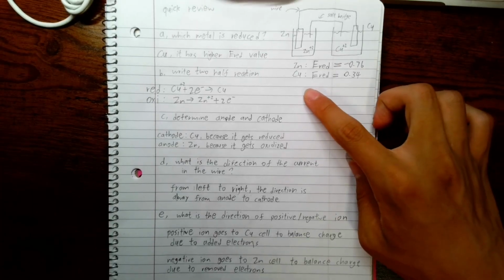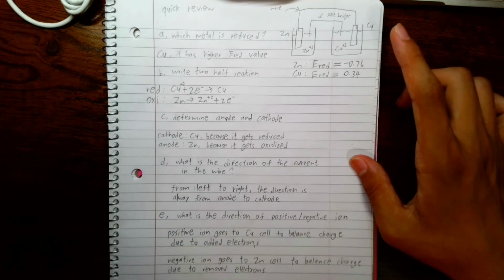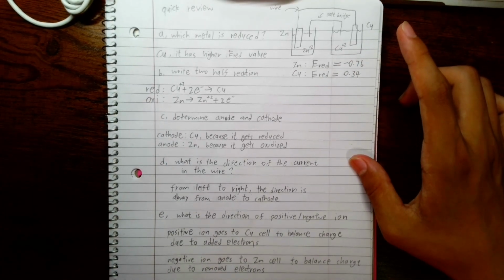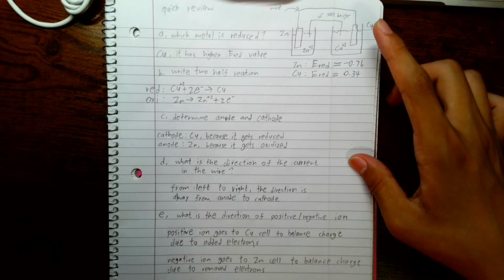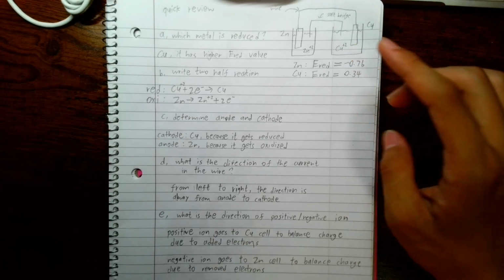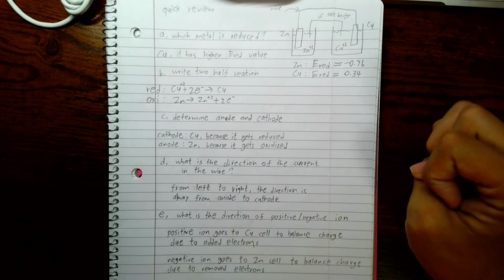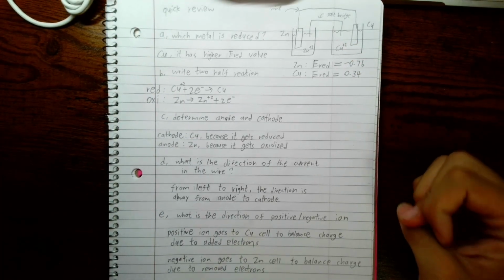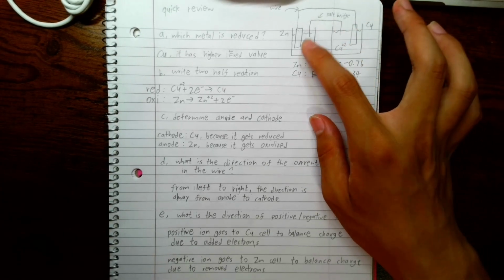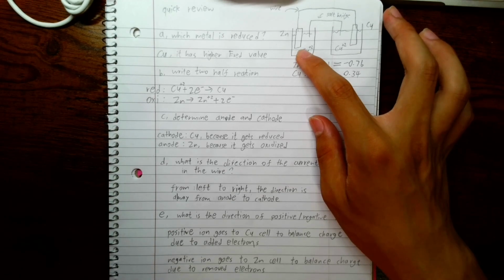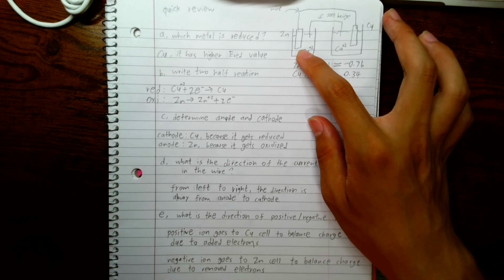It goes to the copper cell, which is the cathode. The positive ion will go to the cathode to balance the charge due to the added electrons, while the negative ion will go to the anode to replenish the loss of the electrons.